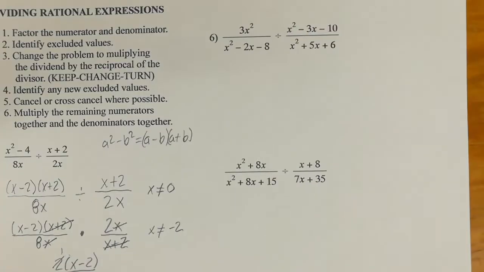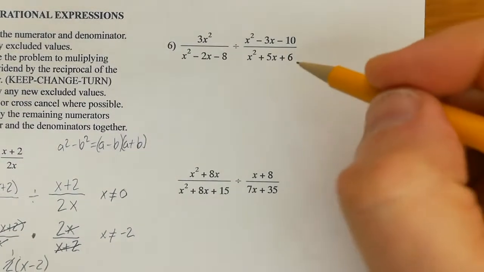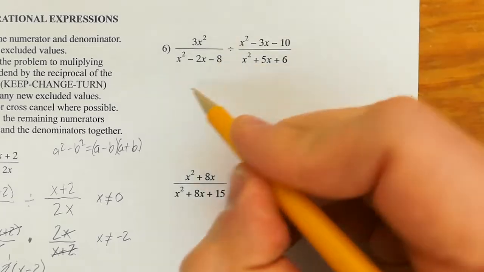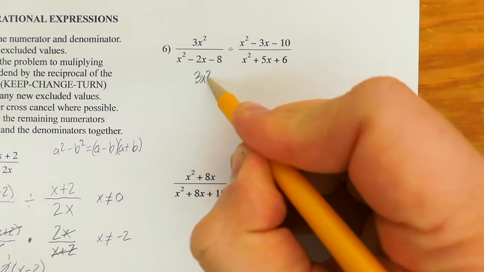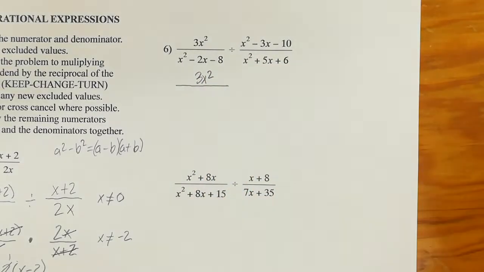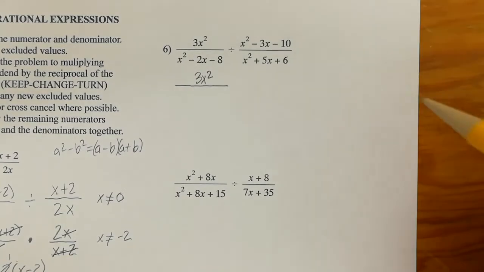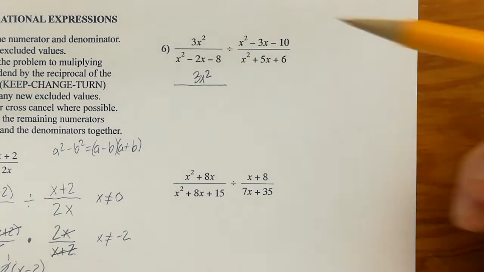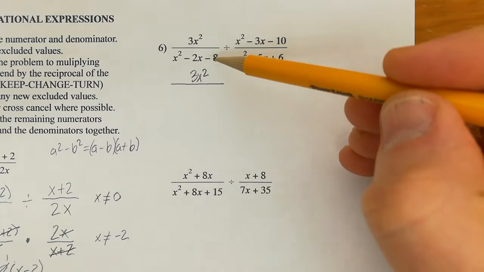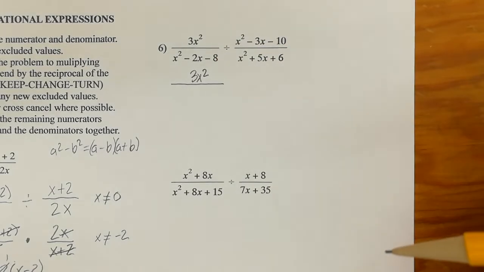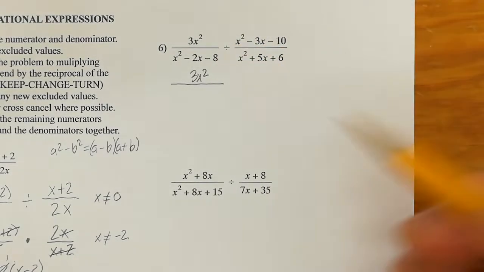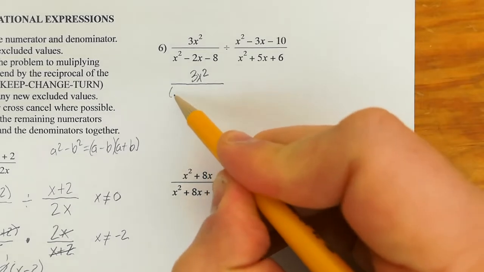Let's do another one, number 6. First one here. So factor like crazy. If you watched the other video, the multiplying rational expressions video, these are actually pretty much the same problems, just these are division symbols instead. So the factoring is going to be very similar.